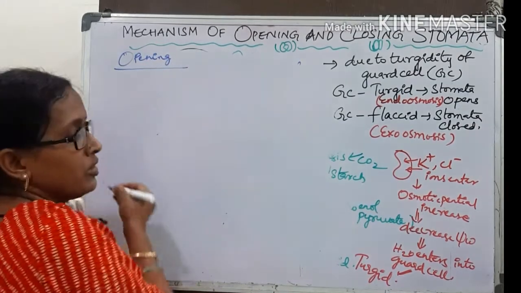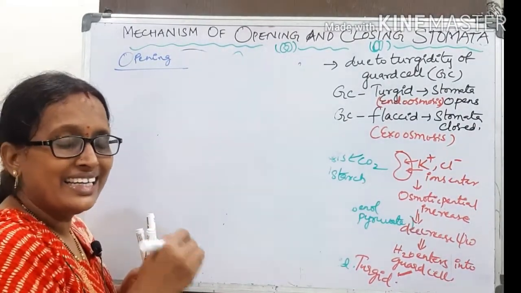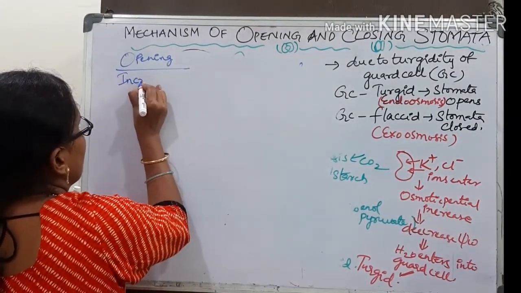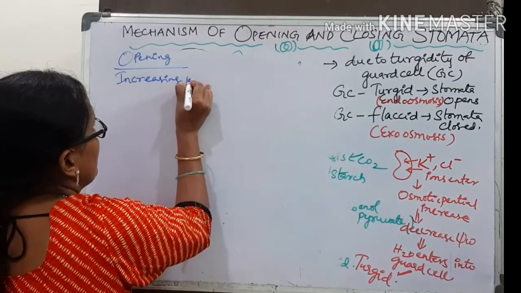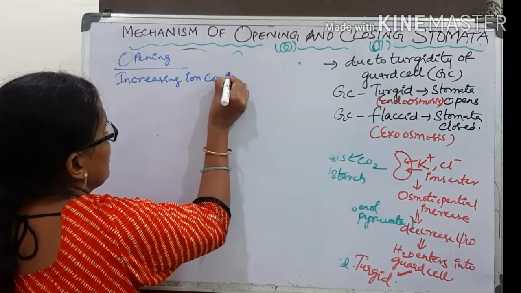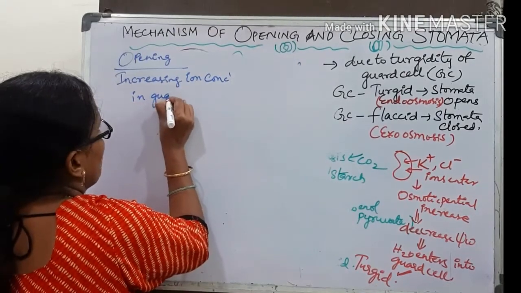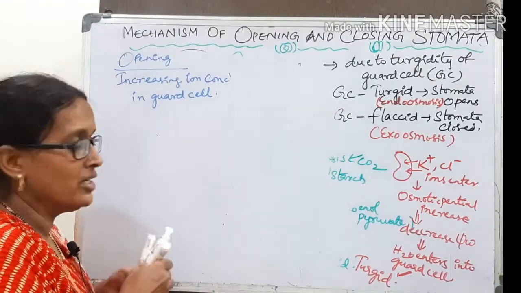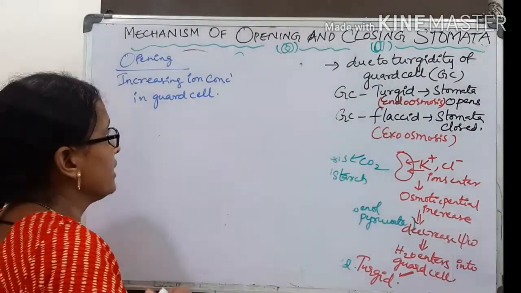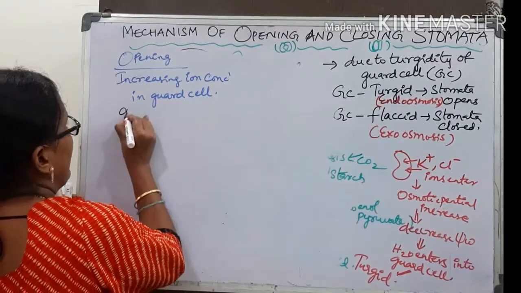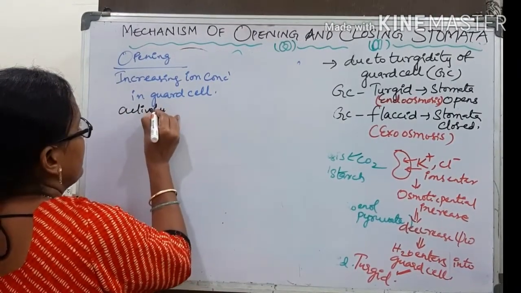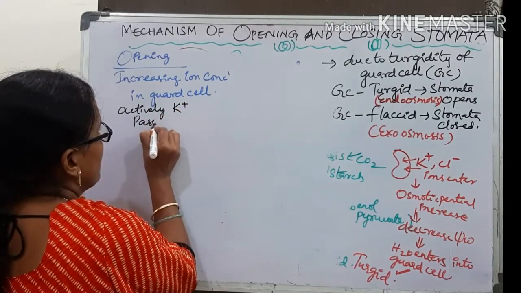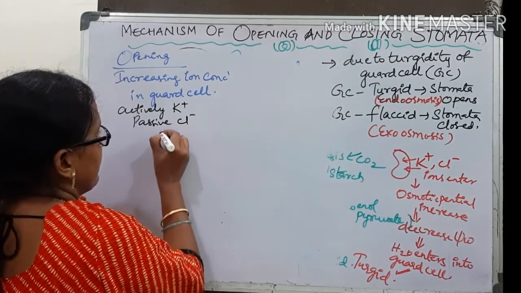For opening of stomata, first there is increased ion concentration in the guard cell. Guard cells are increasing their ion concentration by actively taking K plus and passively Cl minus enter.